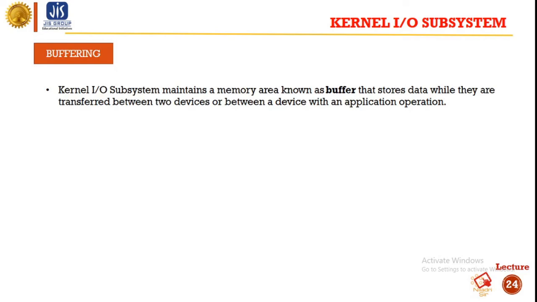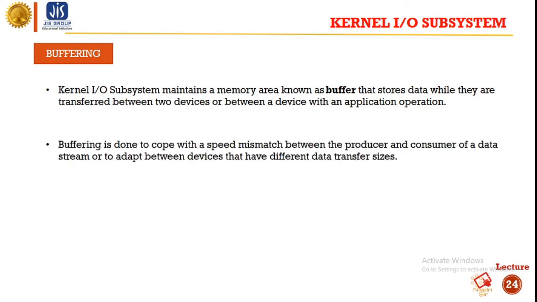Next is buffering. The kernel I/O subsystem maintains a memory area known as a buffer that stores data while they are transferred between two devices or between a device and an application operation. Buffering is done to cope with a speed mismatch between the producer and consumer of a data stream or to adapt between devices that have different data transfer sizes.